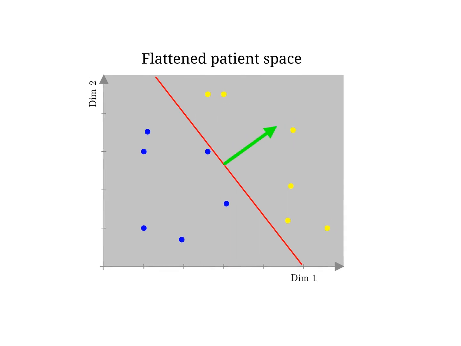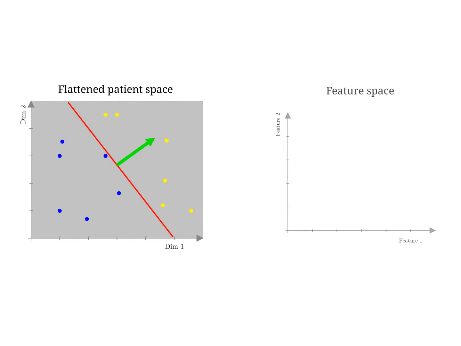Let us recall that each marked point in this picture corresponds to one patient, which then corresponds to a point cloud in feature space. However, this correspondence is not specific to patient points, and any other point in this patient coordinate space, a hypothetical patient if you will, corresponds to a hypothetical point cloud in feature space. One can now move this artificial patient in the direction of the control group or in the opposite direction of Alzheimer's disease.